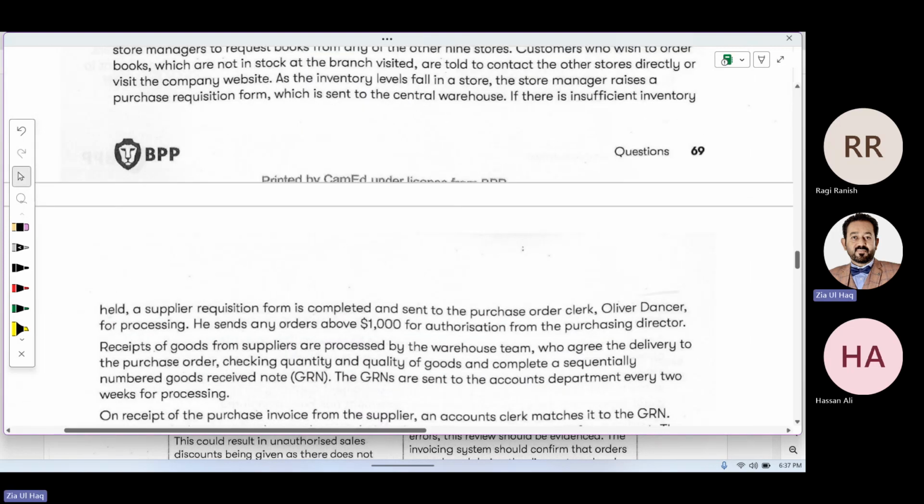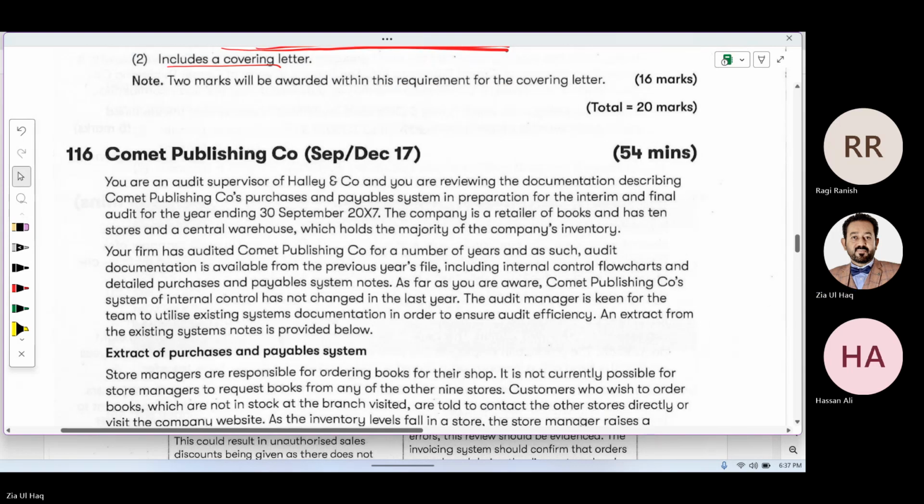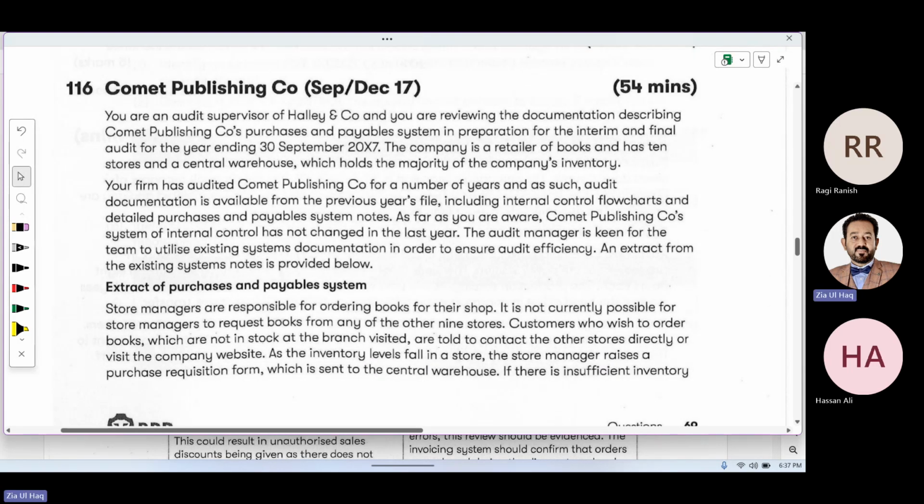Question number 116. You are an audit supervisor of Halley and Company, reviewing the documentation describing Comet Publishing Company's purchase and payable system in preparation for the interim and final audit for the year ending 30th September 20x7. The company is a retailer of books and has 10 stores and a central warehouse, which holds the majority of the company's inventory.